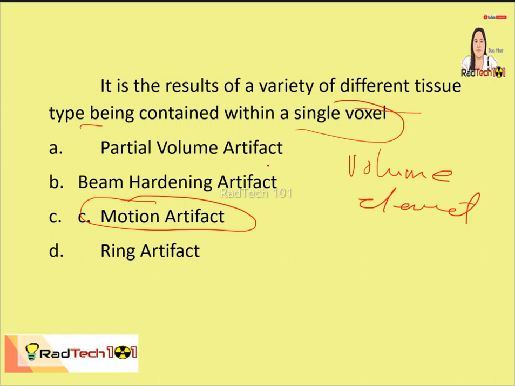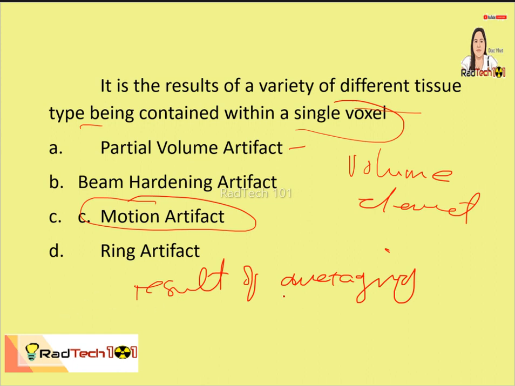So, pag sinabi natin partial volume artifact, so partial volume artifact is the result of averaging the linear attenuation coefficient in a voxel that is heterogeneous in composition.